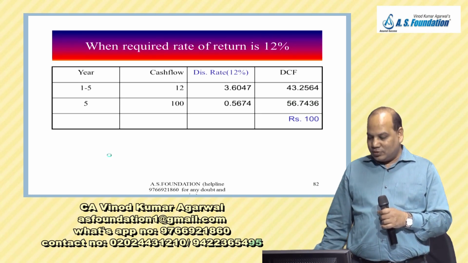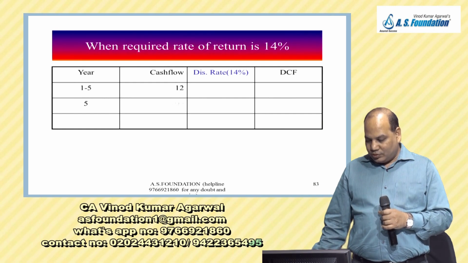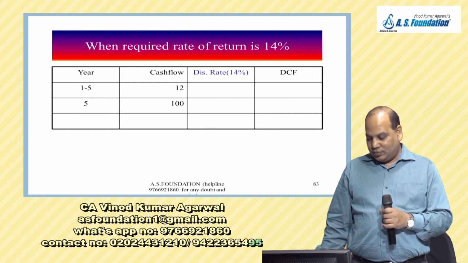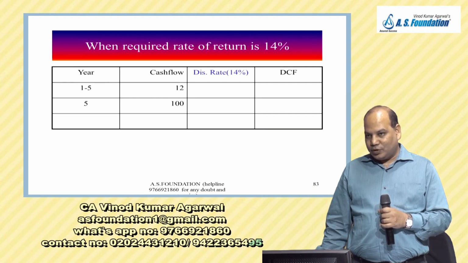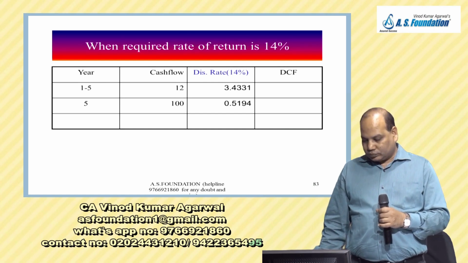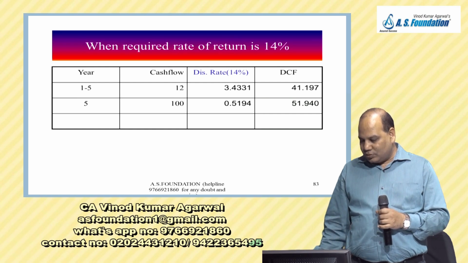Try 14%. First tell me the discounting factor for 5 years at 14%. Yes, 3.4331. 41 point something.